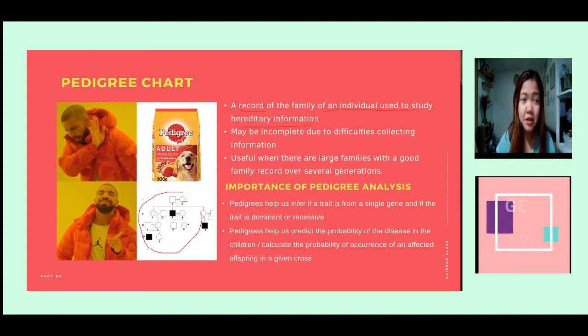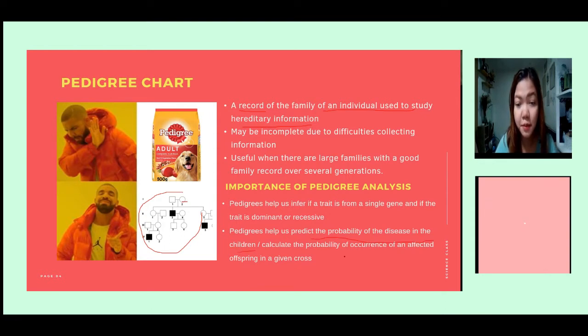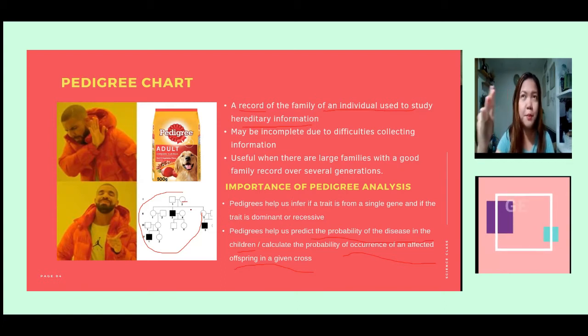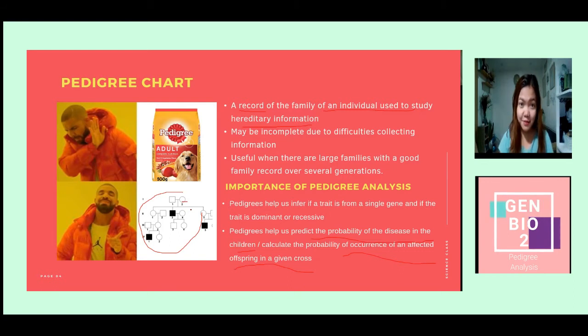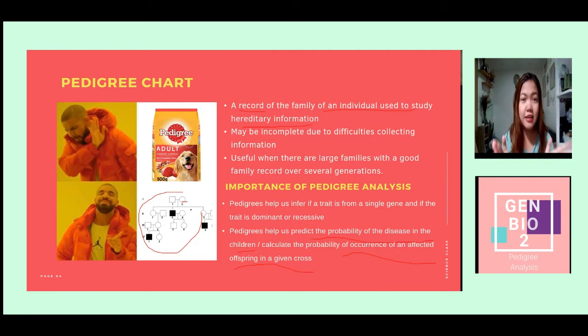Through the analysis of that pedigree, a genetic counselor, for example, is able to predict the probability of a disease in children or calculate the probability of the occurrence of an affected offspring in a given cross. For example, if the parents have a trait, what is the probability of the offspring having that specific trait as well? So that's the importance of the pedigree chart.